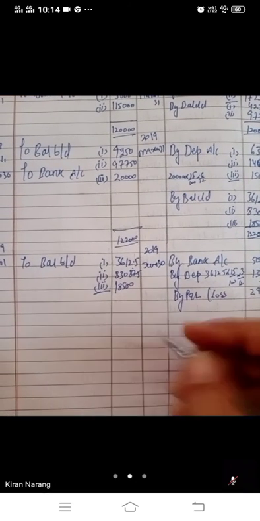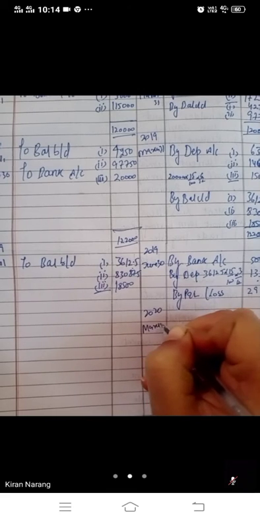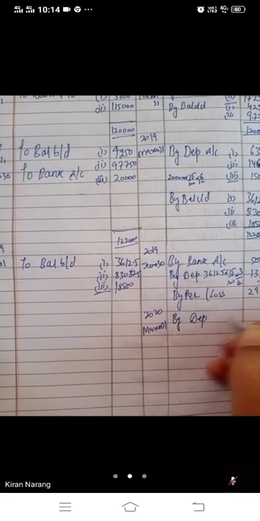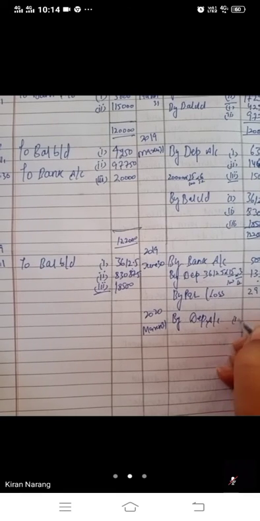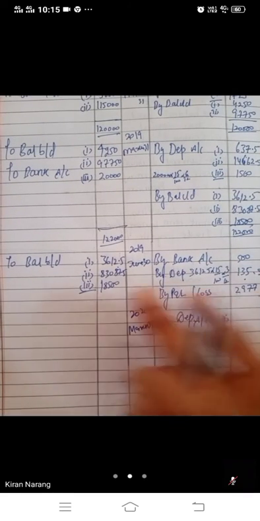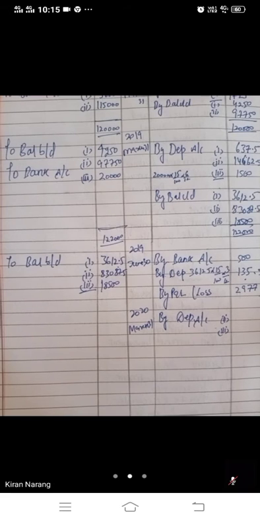Now this year will end on 2020 March 31. Now you are only having two machines. Second one and third one. First is sold off and this was the loss. So on second machine you will charge depreciation for the whole year. 83087.5 into 15%.